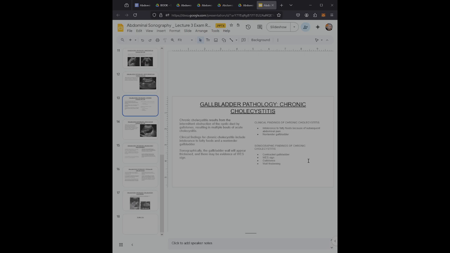Sonographically, the gallbladder wall will appear thickened, and there may be evidence of the wall echo shadow sign. Clinically, we said with intolerance to fatty foods, and there's a non-tender gallbladder. Sonographically, the gallbladder is contracted. There is the wall echo shadow sign, the gallstones, and there's wall thickening.